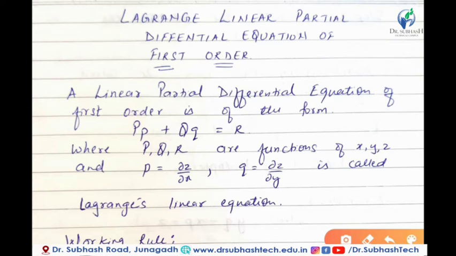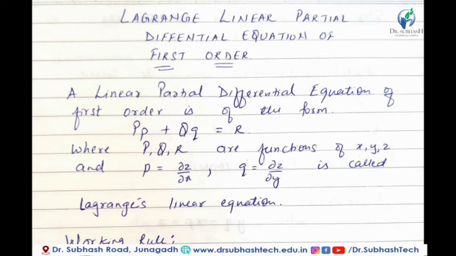See here, a linear partial differential equation of first order is of the form capital P small p plus capital Q small q is equal to R. This is the general form where capital P, capital Q and capital R are functions of small x, y and z, where small p denotes del z by del x, small q denotes del z by del y, and this equation is called Lagrange linear equation.